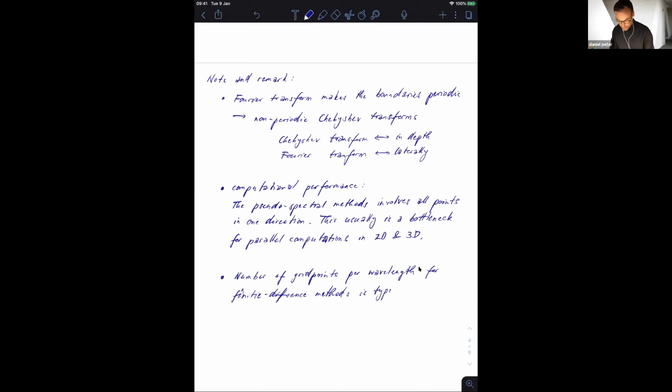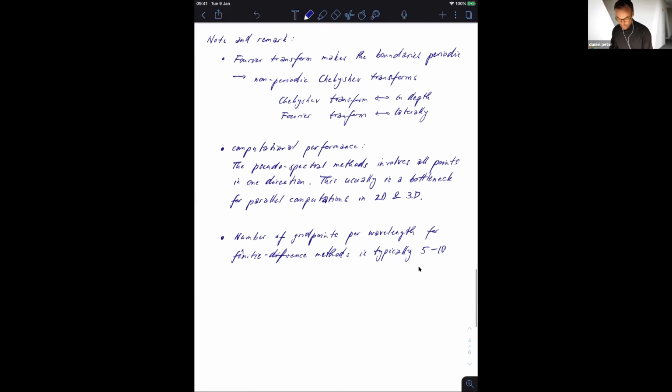This is typically between 5 to 10. So that is the smallest wavelength that we can resolve.